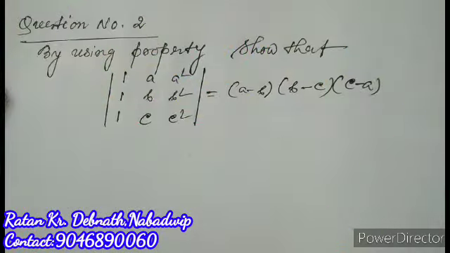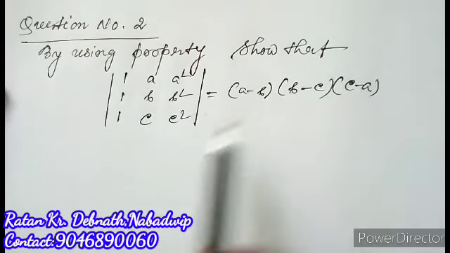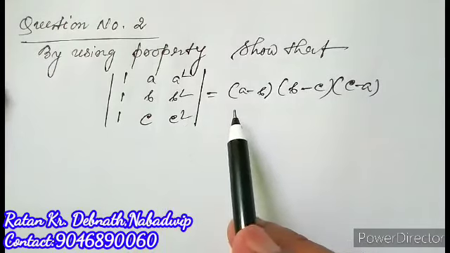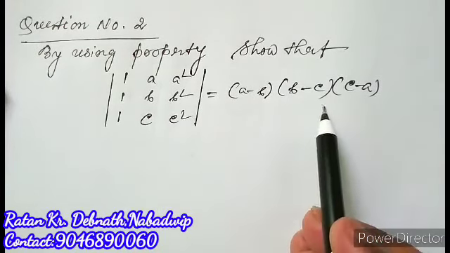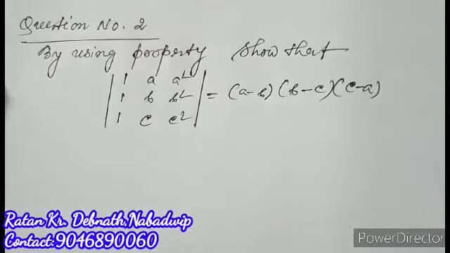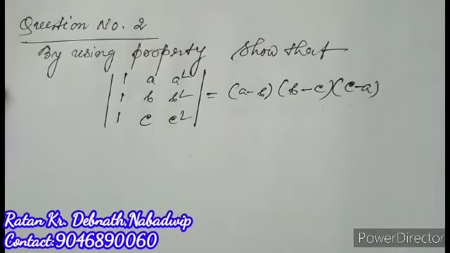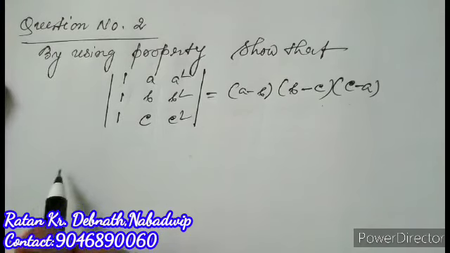Question number 2 is on the screen. By using properties, show that this determinant equals a minus b into b minus c into c minus a. The answer is not in determinant form, so in this case we not only use the properties but also expand at the last stage. Let's see how to solve it.